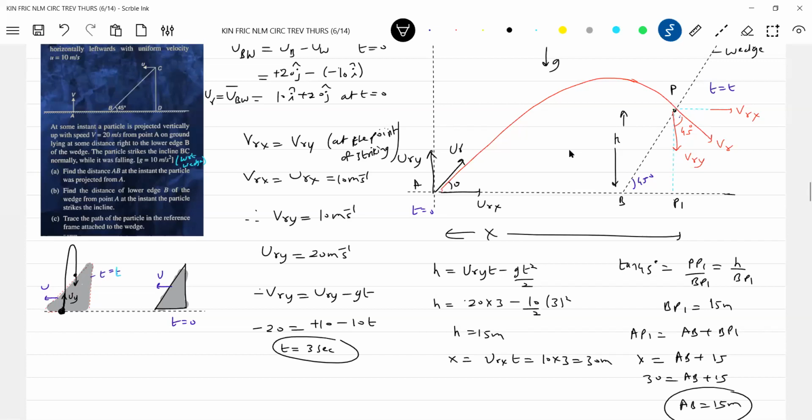I think I should calculate initially at what distance it was, 15 meter. The instant of striking, where it will be now. So you can see the diagram, that has to be determined.